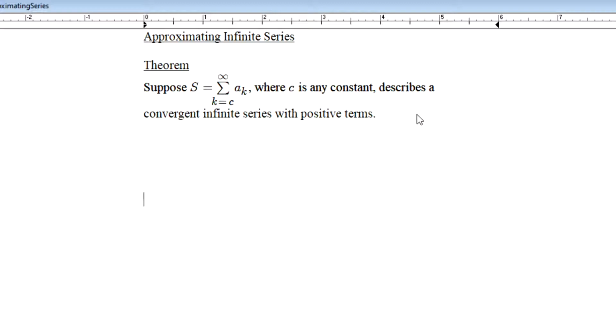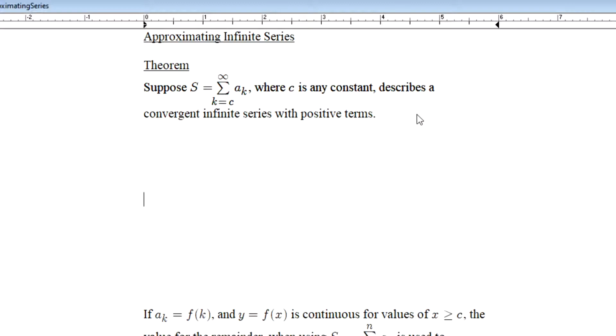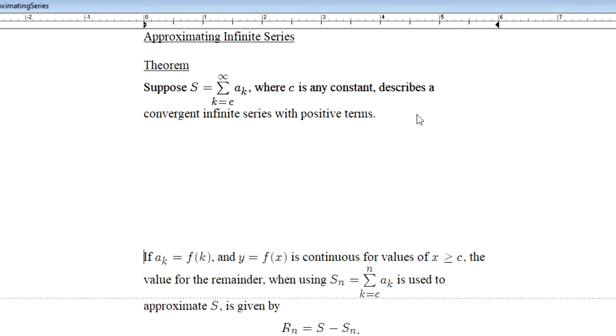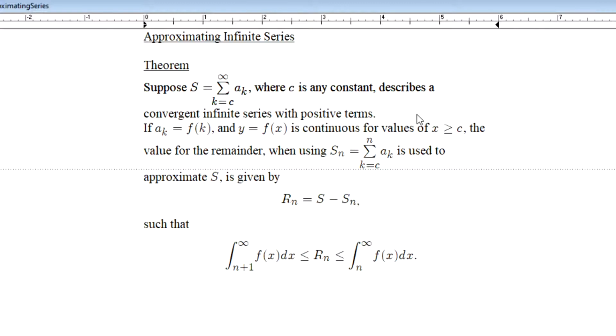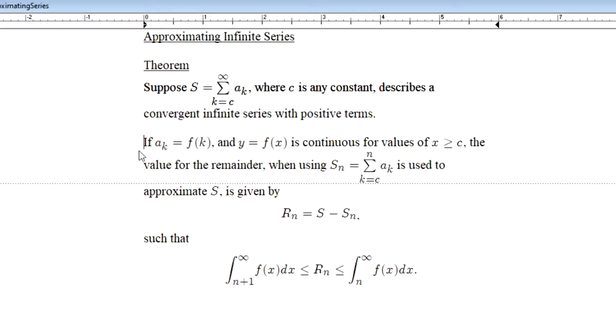To begin with, one of the things we would have to note, this does rely a little bit on an if statement.